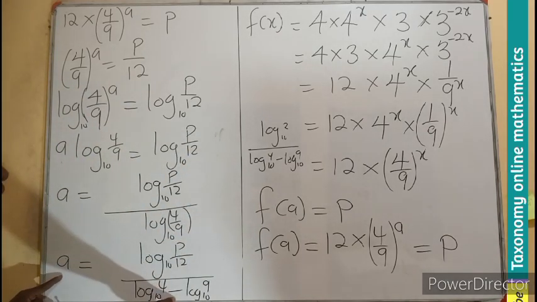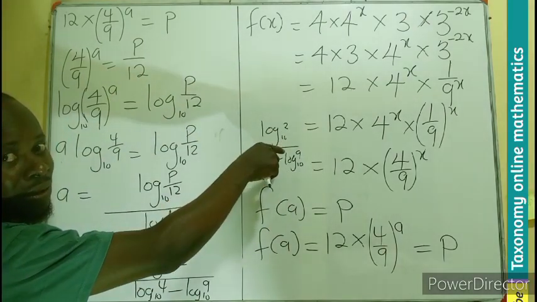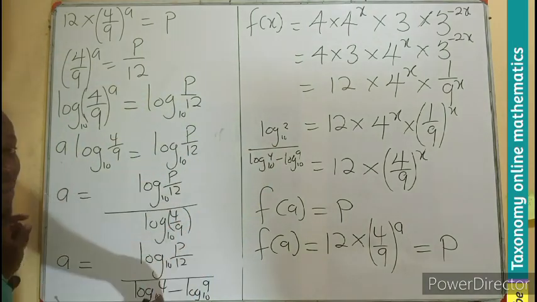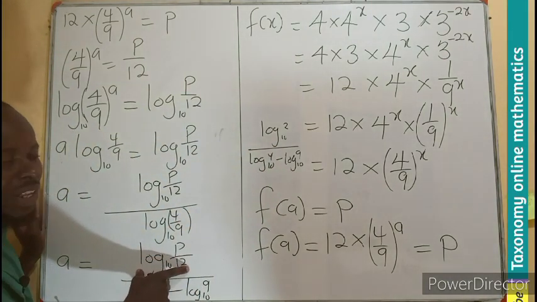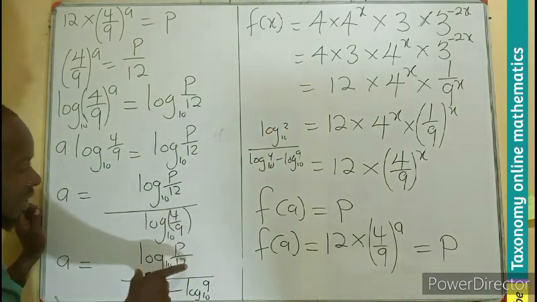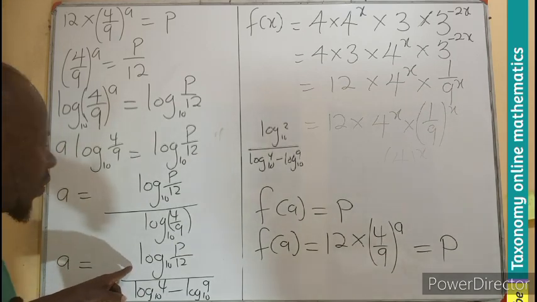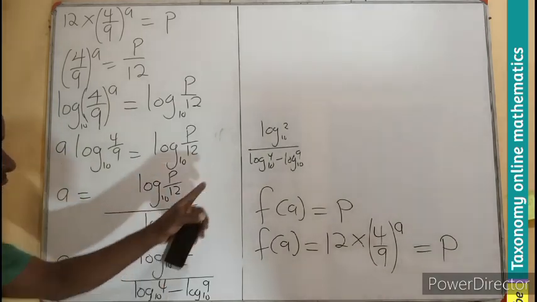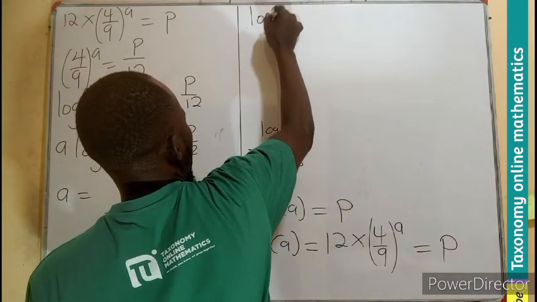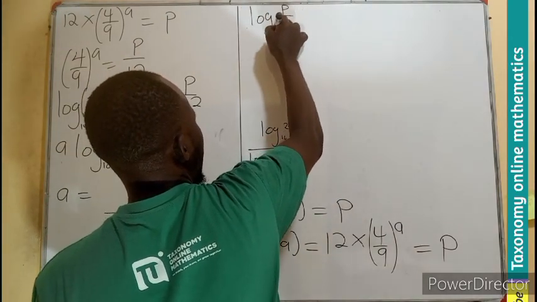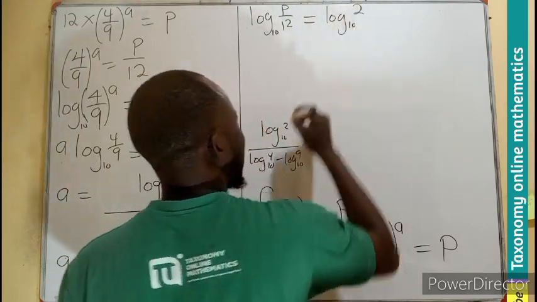If a equals this, and a also equals this, we can say this is the same as this. Since the denominators are the same, we also equate the numerators. I believe you can see that relation. So the log of p on 12 base 10 is the same as log of 2 base 10.